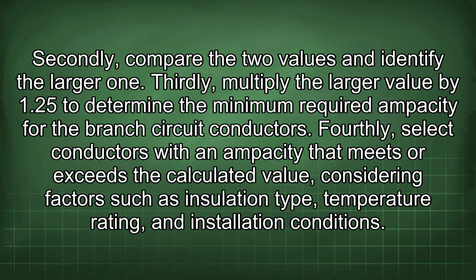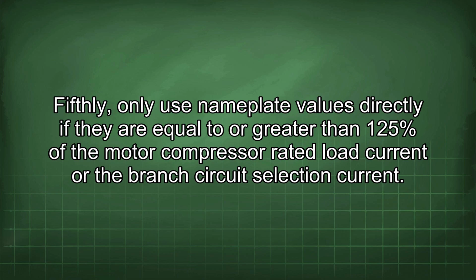Thirdly, multiply the larger value by 1.25 to determine the minimum required ampacity for the branch circuit conductors. Fourthly, select conductors with an ampacity that meets or exceeds the calculated value, considering factors such as insulation type, temperature rating, and installation conditions. Fifthly, only use nameplate values directly if they are equal to or greater than 125% of the motor compressor rated load current or the branch circuit selection current.